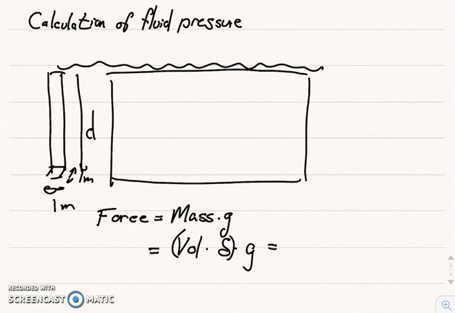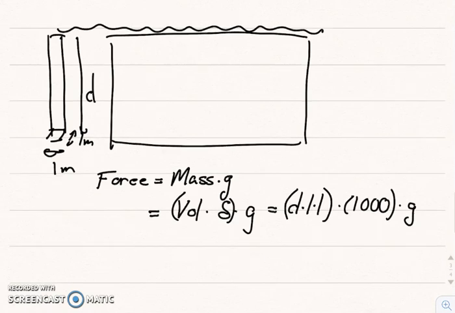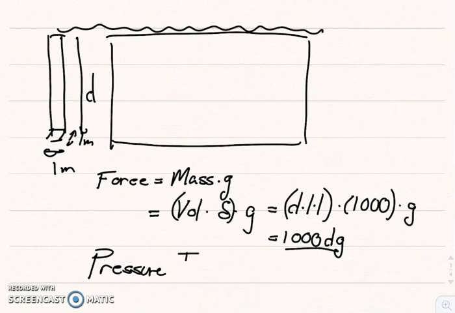Well, the volume of water is the volume of this column, which is d meters deep times 1 meter on a side, and density of water is 1,000 kilograms per cubic meter, and acceleration due to gravity is 9.8 meters per second squared, but we'll just call that g. And so what do we get here? For this force, we get 1,000 dg.